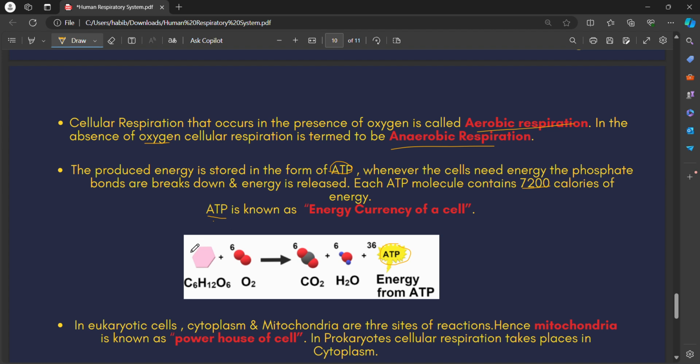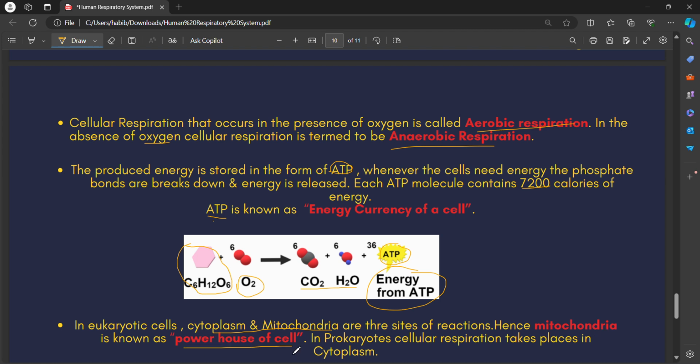So here is a general example. When we talk about the nutrient glucose, which was formed in the small intestine, absorbed through the villi and thereby transported to blood capillaries and to the cells, here in the presence of oxygen, it gives rise to energy and the byproducts CO2 and H2O. In eukaryotic cells, cytoplasm and mitochondria are the sites for the reaction, hence mitochondria is said to be the powerhouse of the cell.